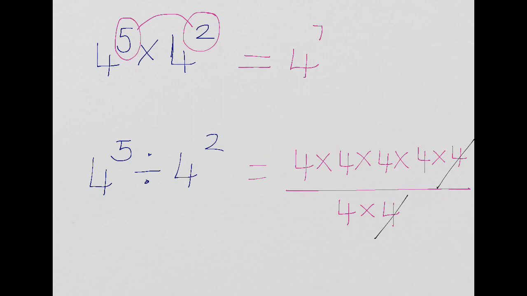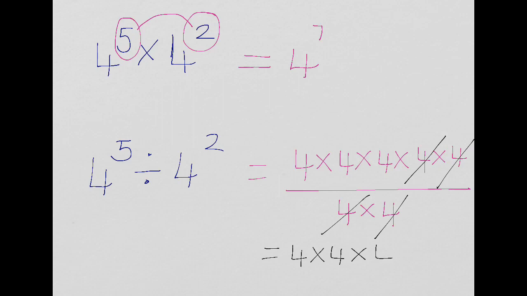And I'm going to do that by crossing one out. Because if I divide the top by 4, I'd be left with 4 multiplied by 4, multiplied by 4, multiplied by 4. And if I divide the bottom by 4, I'd just be left with 4. Well, I can divide the top and bottom by 4 again, and I'm going to do that by just crossing them out. And I'm just left with 4 multiplied by 4 multiplied by 4 on the top.